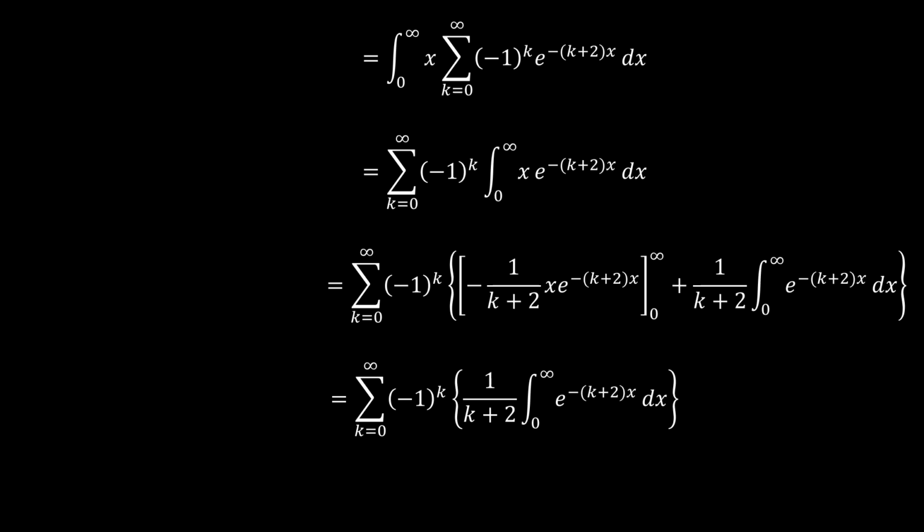Now this comes from us considering initially that this is our u and this is our dv, such that uv is, so v here is going to be negative 1 over k plus 2 times e to the power negative (k plus 2)x.